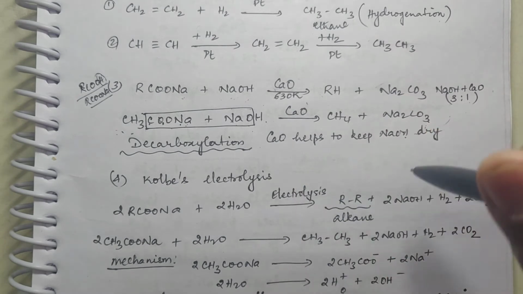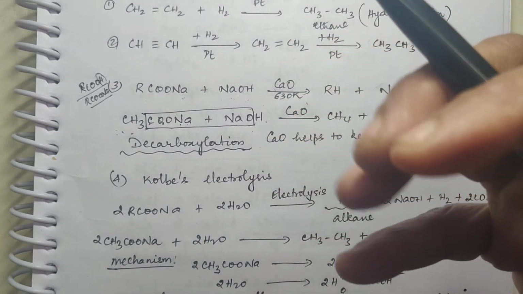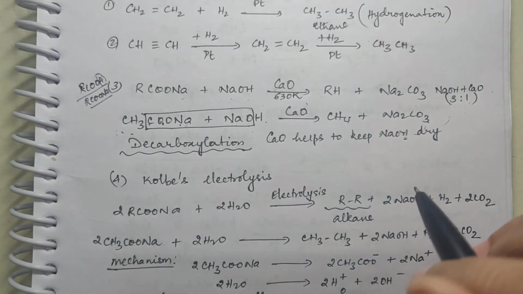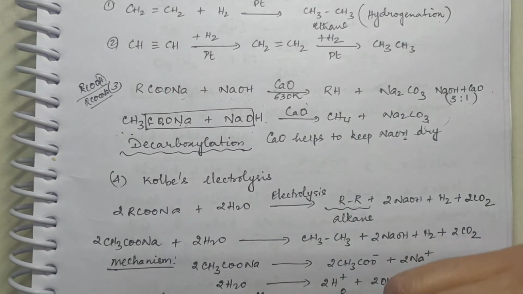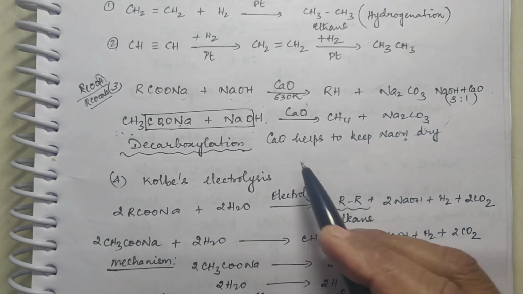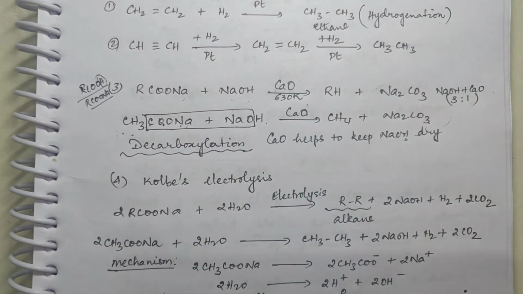So this CaO makes it dry. It does not allow NaOH to absorb moisture because CaO has greater capacity to absorb moisture, right? That is why CaO is added. It keeps the sodium hydroxide dry, and that is the function of CaO here.